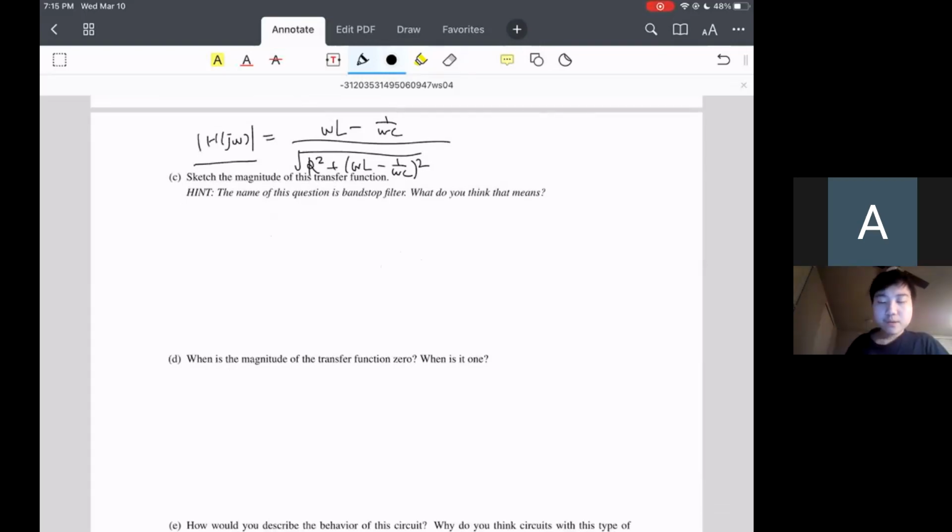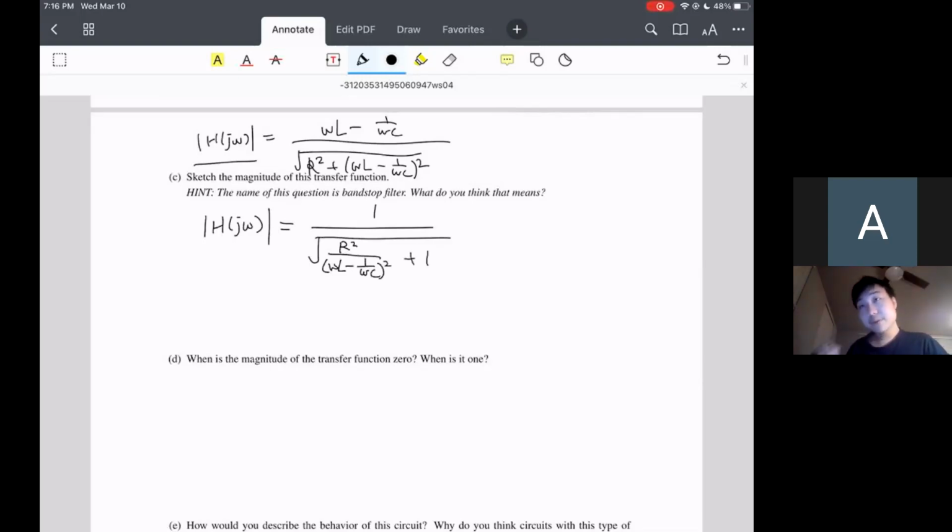Currently, omega appears in both the numerator and the denominator of the fraction, and this could be very annoying. To get rid of omega in the numerator, we can divide both sides by omega L minus 1 over omega C to get this. The magnitude being equal to 1 over the square root of R squared over (omega L minus 1 over omega C) squared plus 1.